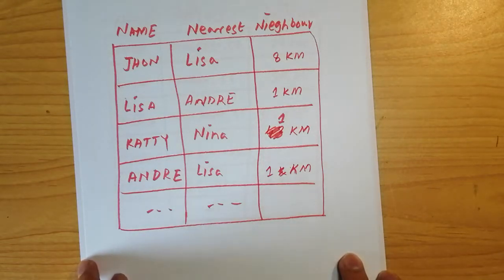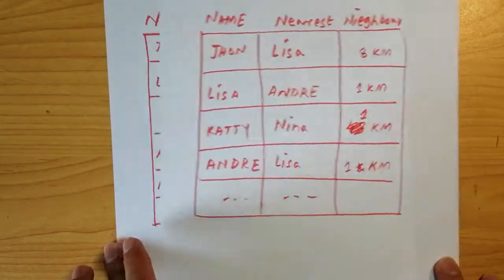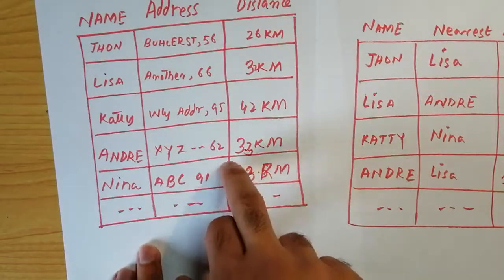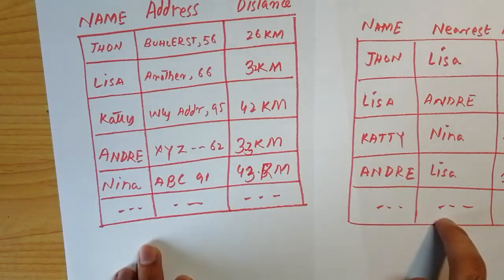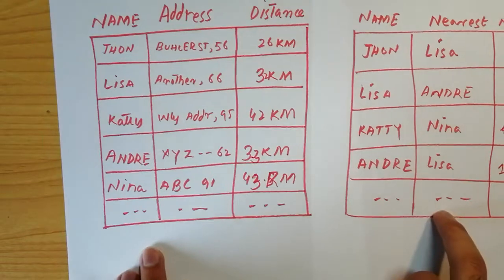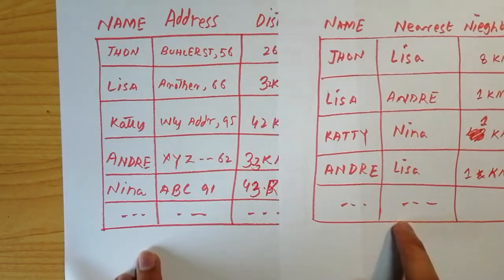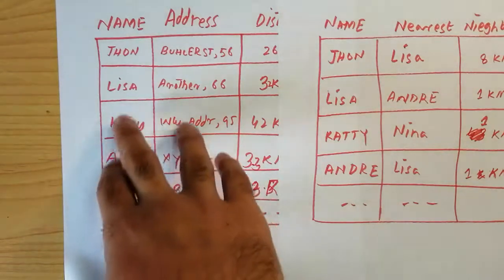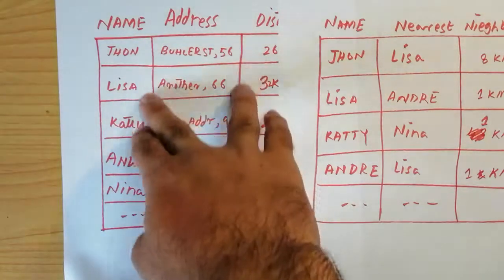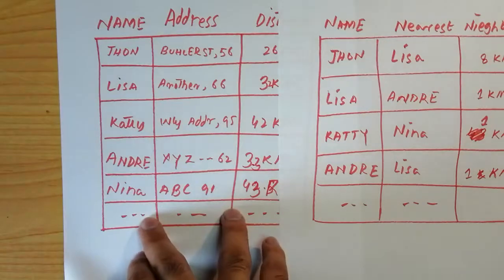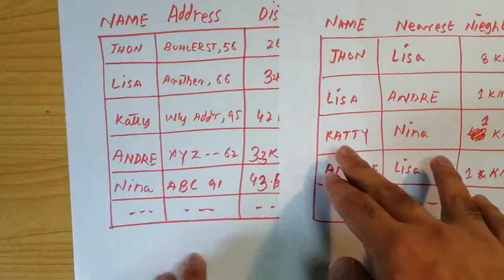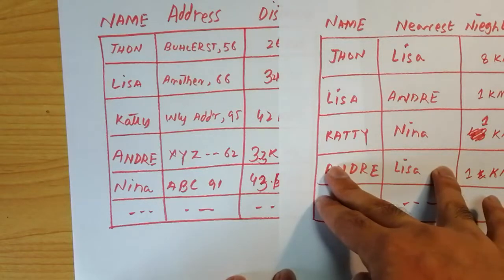So our task will be to convert this list to this list. And this is what will be done by the nearest neighbor algorithm, right? It will take distances of all the people or addresses of all the people and somehow compute the nearest neighbor.